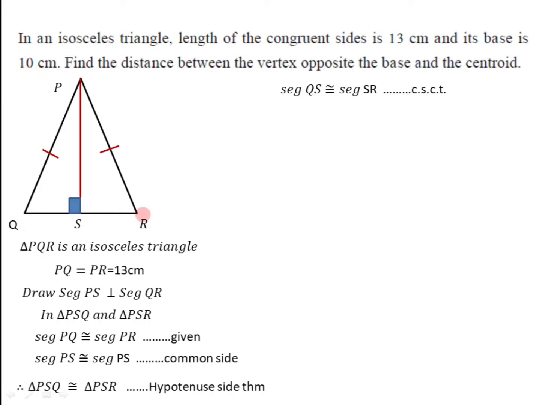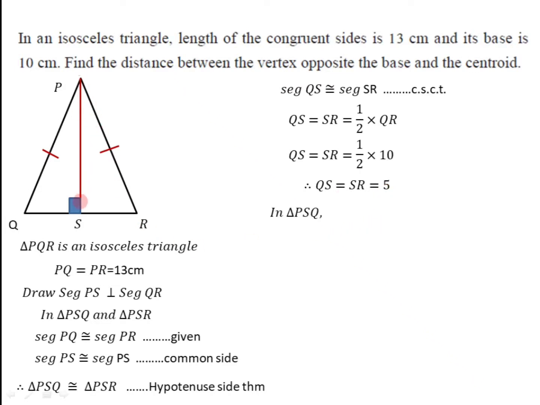Now we have QS congruent to SR. That means QS must be equal to SR, which must be equal to half of QR. Replacing QR by 10, QS is equal to SR is equal to half into 10. If we divide 10 by 2, we get 5. So the length of QS and SR is 5.